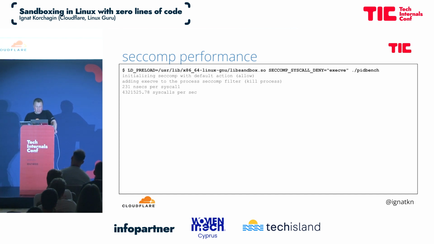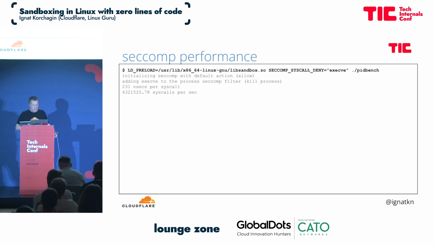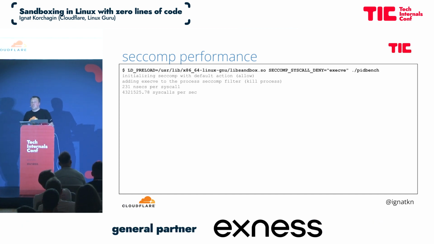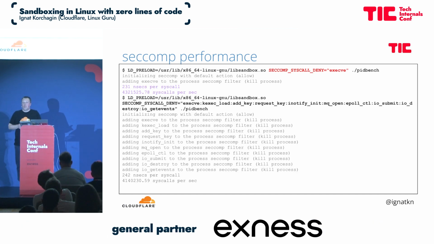I also wanted to explore whether that performance drop depends on the size of your list, right? So, for example, I reran this program with a deny list, and I put one system call in the deny list which is not related to my program. My program never uses execv, but I put it into the deny list, and I get similar performance, the same 20 nanoseconds per system call.